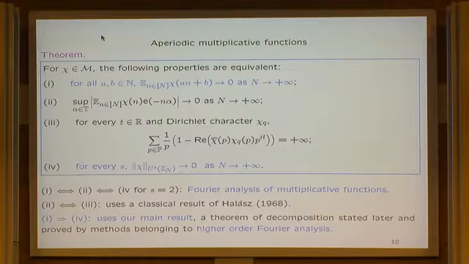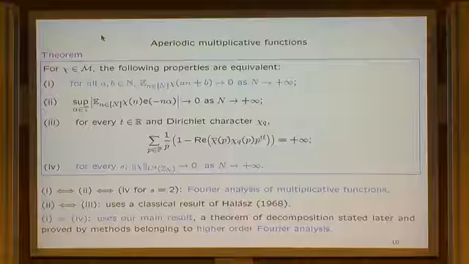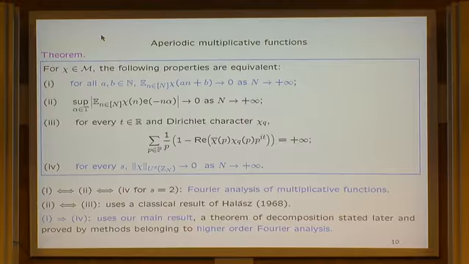The last condition is that the function is U^S uniform, exactly what we want. The second condition is linked to the first one by Fourier analysis, Fourier coefficients, and the third one is equivalent to the second one by using a classical result of Halász.